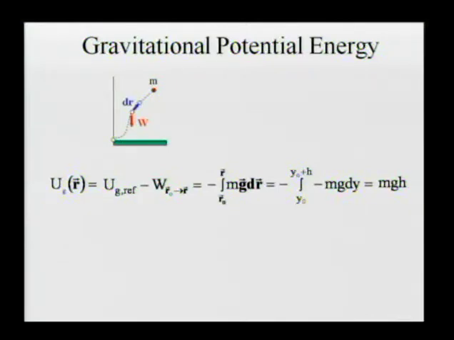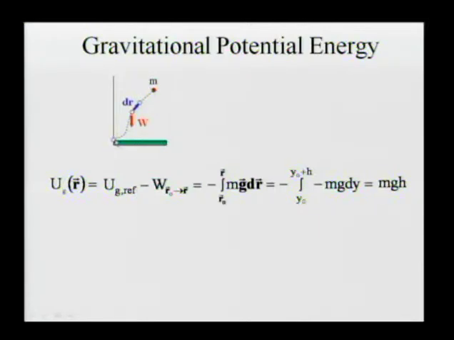Actually, change in potential energy from what point to what point? From the reference point. And actually, well, I calculated work, and I assigned 0 to this one. Therefore, change in potential energy is equal actually to potential energy. Right, because this is change in potential energy from this point to this point.